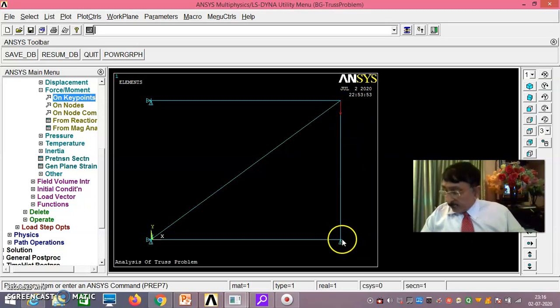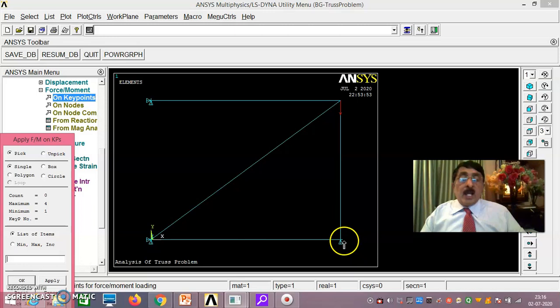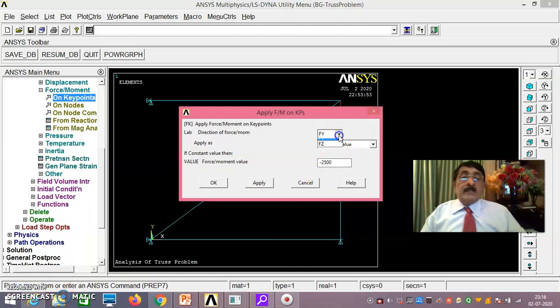At this point you have a load of 2000 in the positive X direction. That is why, under force moment on key points, I'll select this and say OK and say Fx. Fx is 2000 newtons.